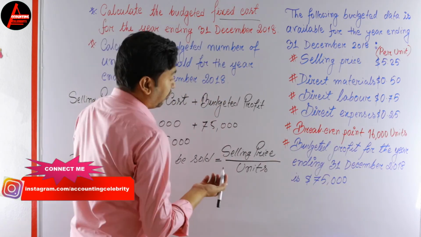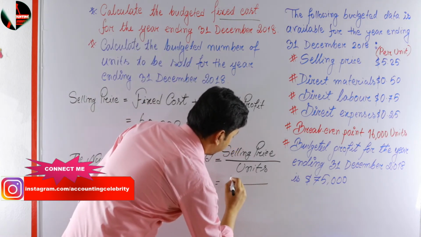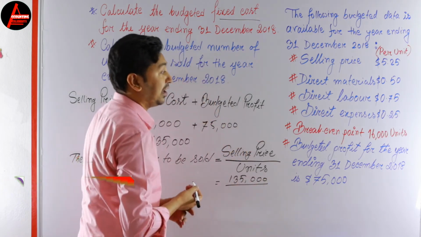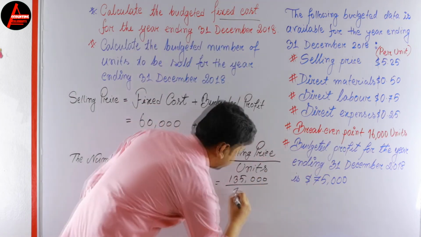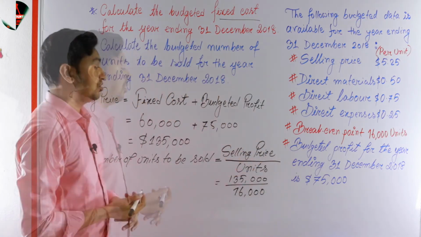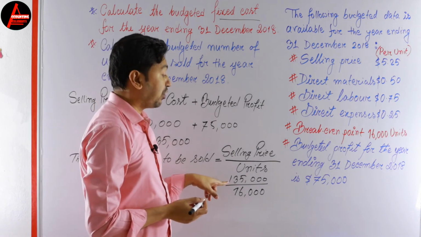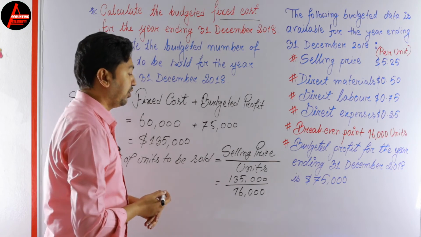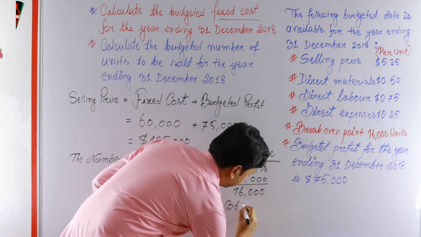Okay, so what is our selling price? We calculated selling price is here $135,000. Okay, break-even unit is here 16,000. So let us write here 16,000. Okay, so how many units can be sold? So if we divide this $135,000 by 16,000 units, we get 36,000 units can be sold.